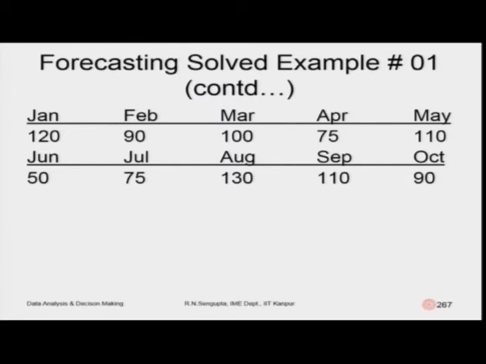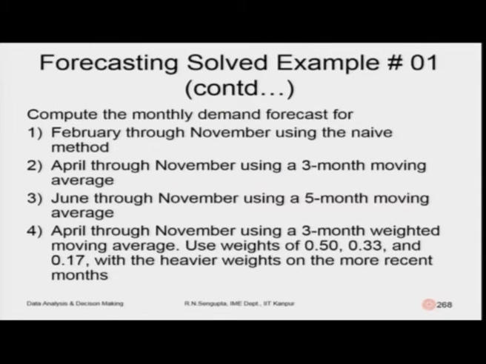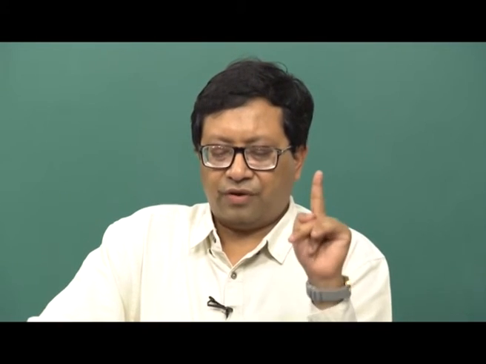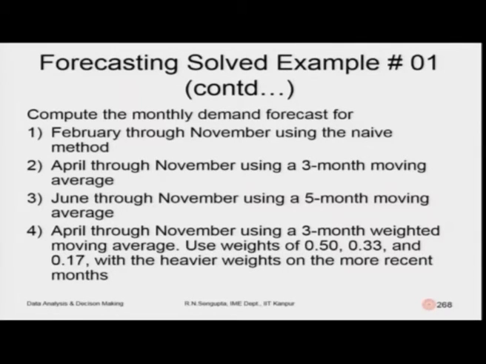Based on that, I want to solve a few problems, and the questions are as follows. Compute the monthly demand forecast based on 4 simple methods. Number 1, February through November using the very simple naive method.